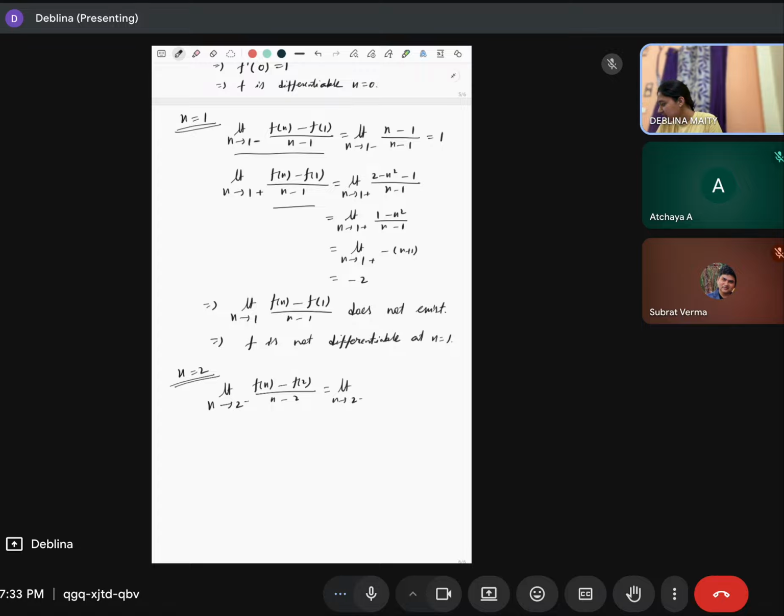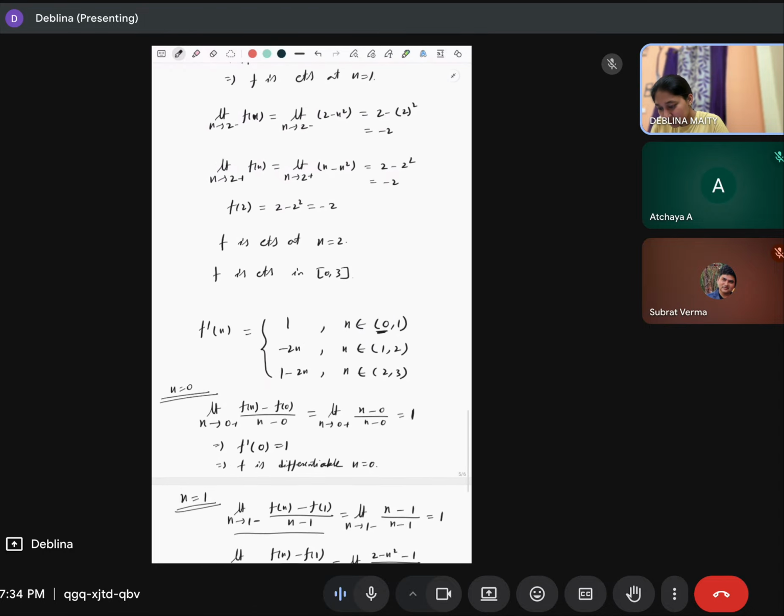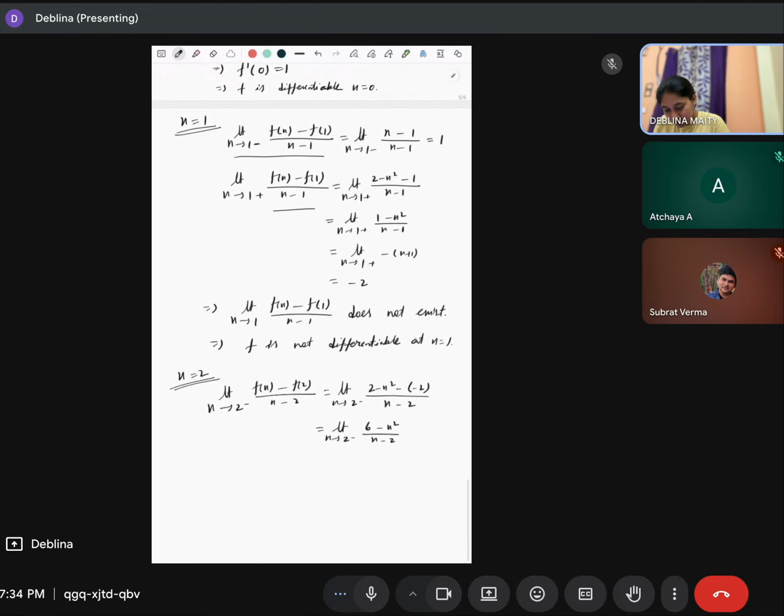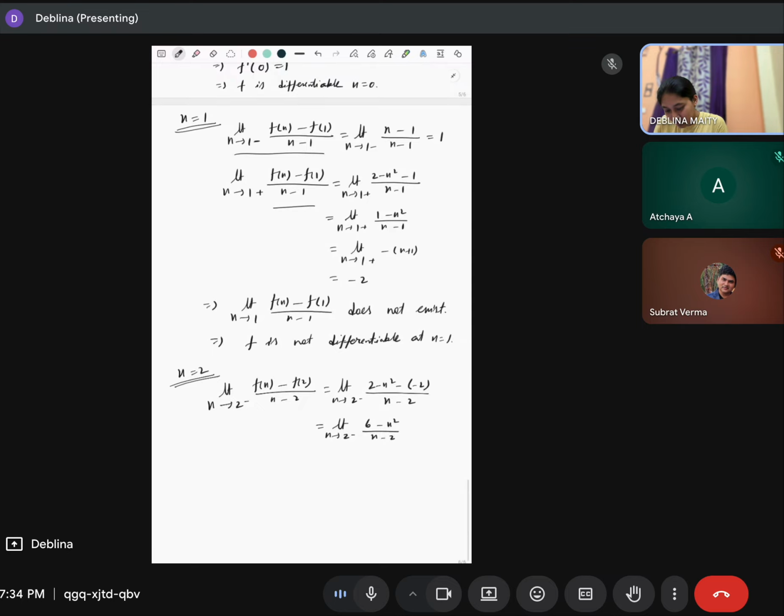So it will be x is 2 minus x square. f(2) is what? f(2) was minus 2.